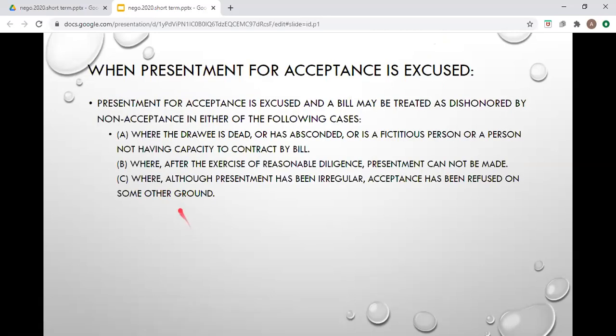So if presentment is irregular, but the drawee refused to accept it, not because presentment was irregular, but for a different reason, you can also consider presentment for acceptance as excused and subsequently consider the instrument dishonored by non-acceptance. Okay?